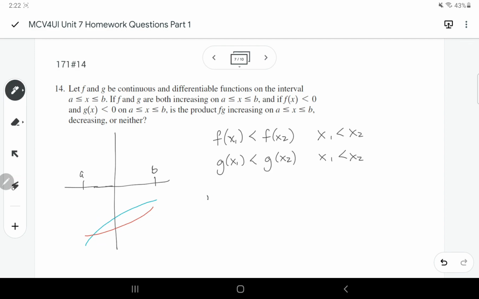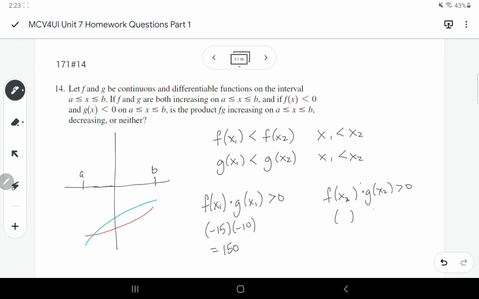let's say, f at x1 times g at x1, that's going to be a positive value. And f at x2 times g at x2, that's also going to be positive. But if I had big negative numbers, let's say negative 15 and negative 10, that would equal positive 150.